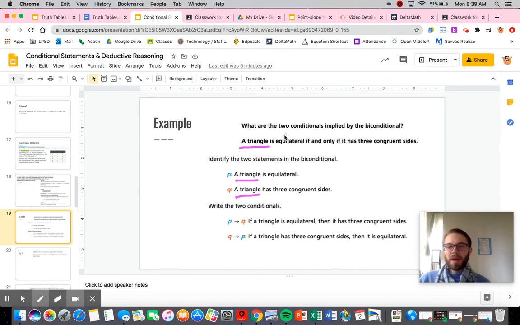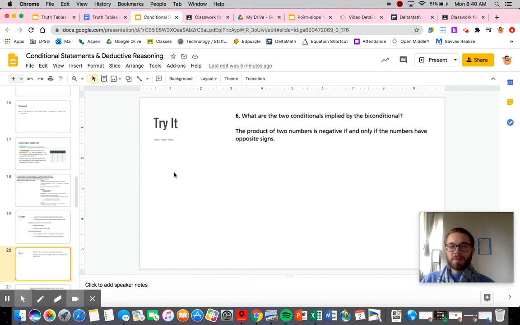If I just said a triangle is equilateral, and then said has three congruent sides, well, what's the it? The triangle. The triangle has three congruent sides. So we could write this as P implies Q: if a triangle is equilateral, then it has three congruent sides. That's true. If a triangle has three congruent sides, then it is equilateral. That is also true. That is the definition of equilateral. So this actually could be written and used as a biconditional where this is true.